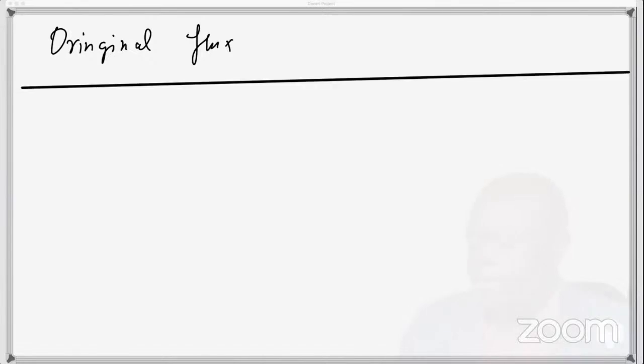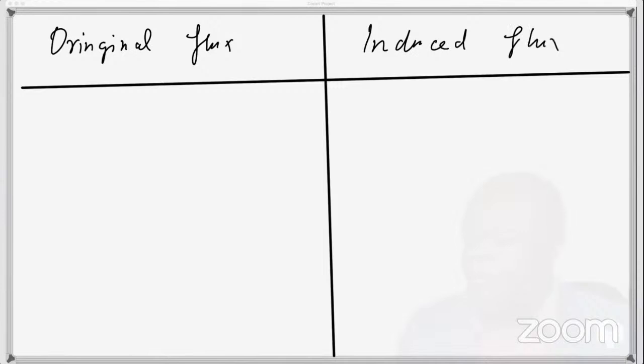So let's do something like a table here. We have original flux, and then we have induced flux. So if the original flux is increasing, this is the change. So change in original flux is increasing.